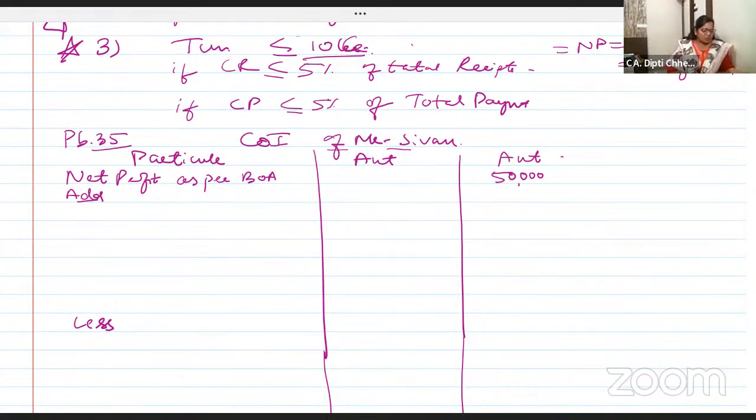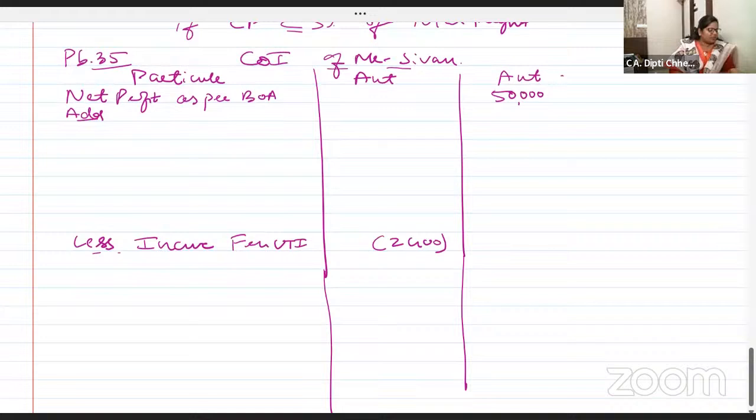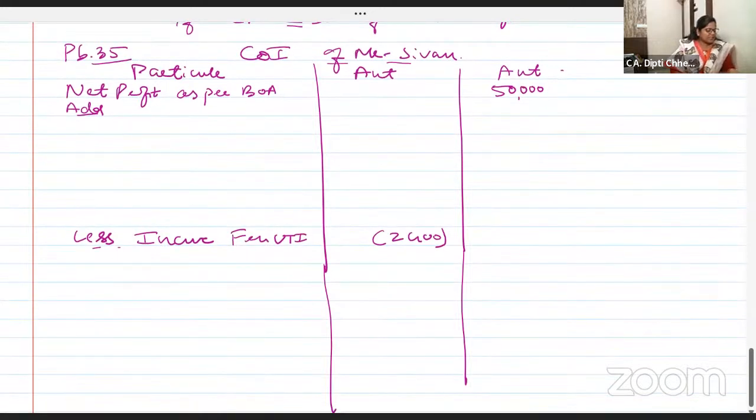So I want all of you to write everything. Sales, nothing to do. Income from UTI, less. Garbage. Income from UTI, they have credited in the P&L account, but it's not a business income, so remove it. Other business receipts रहने दो, closing stock रहने दो. Debit side: opening, purchase, GP, let it be. Now salary, rent, interest, you have depreciation as per books of accounts.